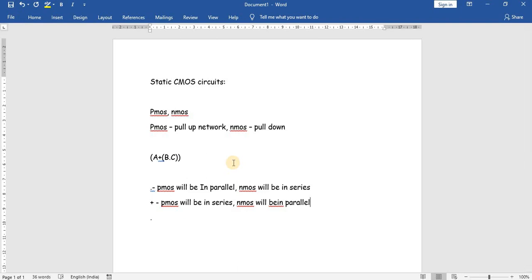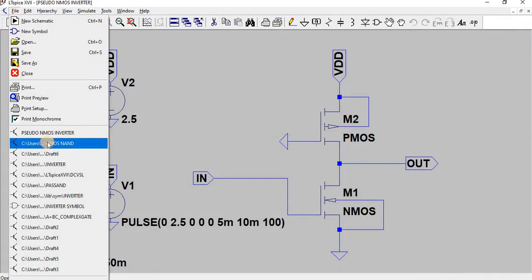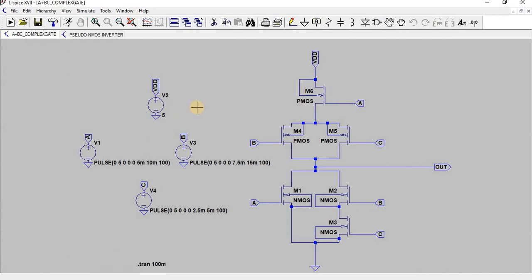If it's a dot, then PMOS will be in parallel and NMOS will be in series. If it's a plus, then PMOS will be in series and NMOS will be in parallel. Let us take an example over here. I have taken the same A plus BC.